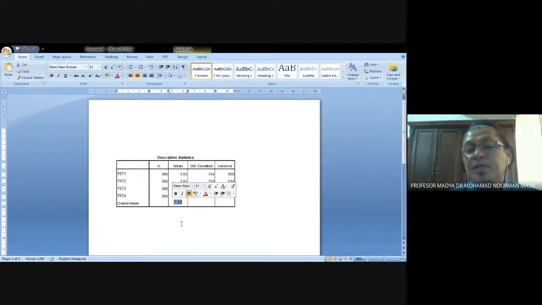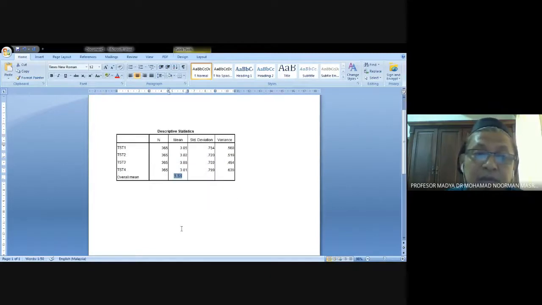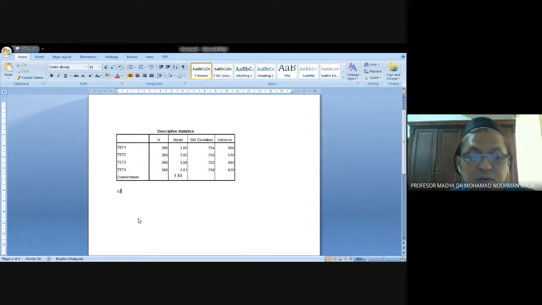Okay, let me remind again. The value is based on the Likert scale of 1, 2, 3, 4, and 5. 1 for strongly disagree, 2 disagree, 3 neutral or undecided, 4 agree, and 5 strongly agree. So here the overall mean is 3.84.